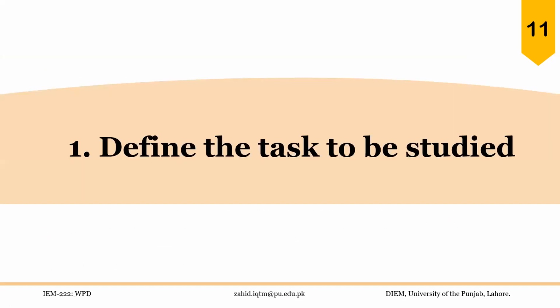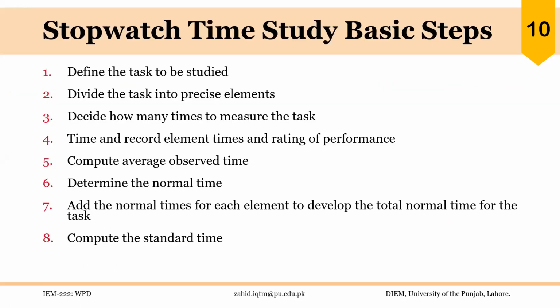So first you have to define the task to be studied. You have to divide the task into elements if the task is large enough. But if the task duration is small, then it is not actually necessary to divide the job into elements. We have to decide how many times to measure the task.